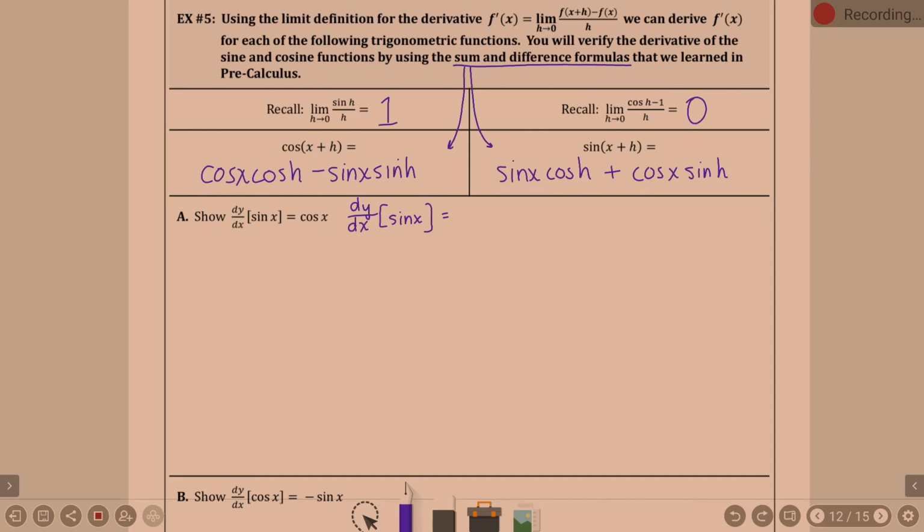So we're going to use the limit as h approaches 0 of f of x plus h. My function is sine, so I'm going to say sine of x plus h, minus f of x, so minus sine x, all over h.